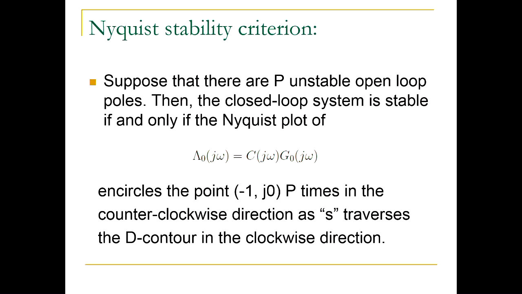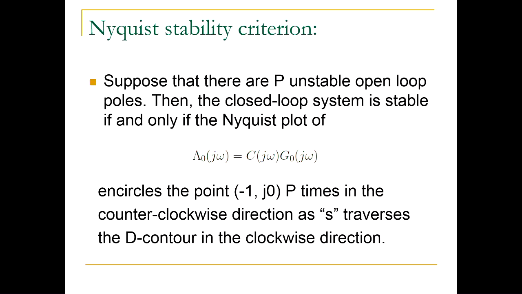So it says here, suppose that there are p unstable open loop poles. Then the closed loop system is stable if and only if the Nyquist plot, so you can think of its frequency response, lambda 0 of j omega, encircles the critical point minus 1 j0 p times in the counterclockwise direction as s traverses the D contour in the clockwise direction. So what I need to do is plot lambda 0 when omega goes from minus infinity to infinity.